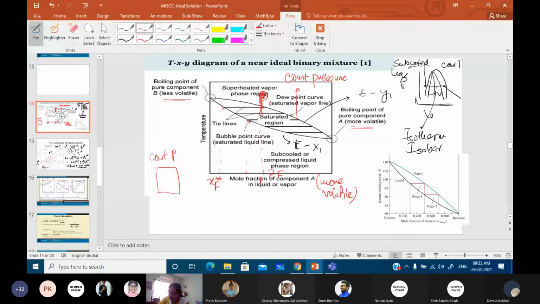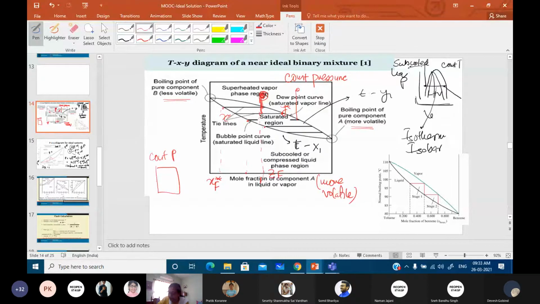Now, as we continue this cooling, what happens? We find that as we enter the two-phase region, at every point, your Y star is this point and the corresponding X star is this point. Again, when we continue this cooling, this Y star moves along this curve, the X star moves along this curve.